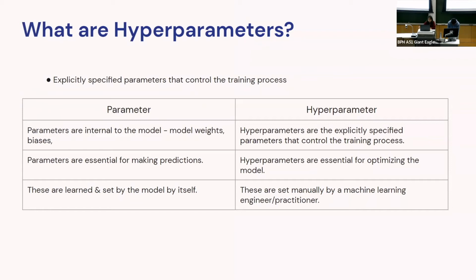Hyperparameters are explicitly specified before you start your training process. This could be your batch size, your learning rate, your dropout probabilities, and various other hyperparameters. Hyperparameters are usually set by a machine learning engineer, but parameters are something that are learned by the model through your training process.